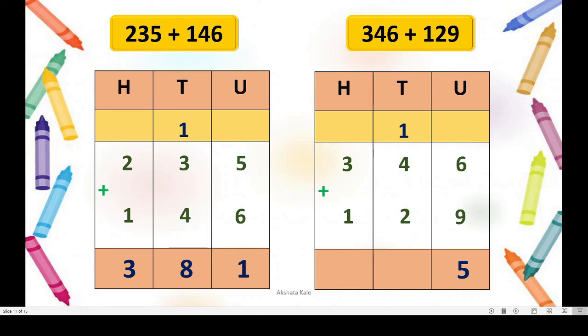So that is 1 plus 4 is 5 plus 2, that is 7, isn't it? Now here in the hundreds place 3 plus 1 is 4. So the answer, this is 381, here 475. Got this?